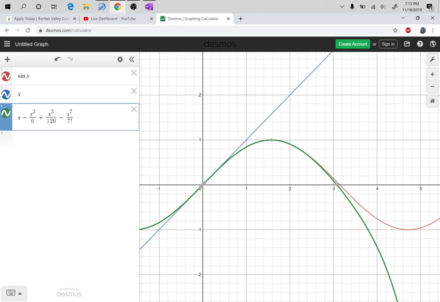Look at that. It almost matches 0 to pi. Pi is right here, 3.14. You see that the red and green are barely off? This means that instead of me calculating any values in sine x, I get to calculate them in that polynomial. Right? So this is what the power series are.